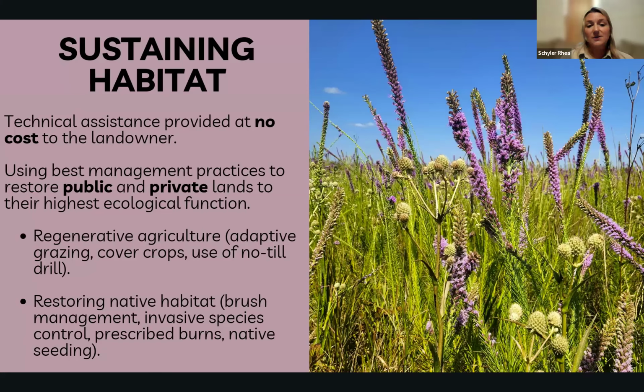We also focus on restoring native habitat, and this can be vastly different depending on the project that we are working on, but we do this through brush management, invasive species control, prescribed burns, and then of course native seeding. Where these projects differ is with brush management.